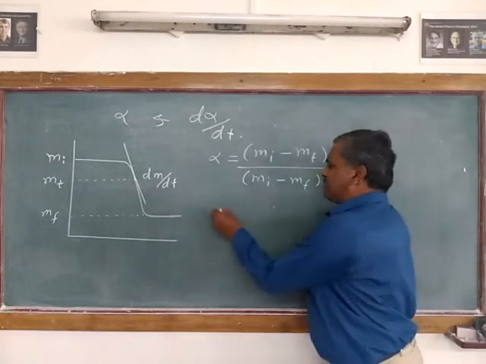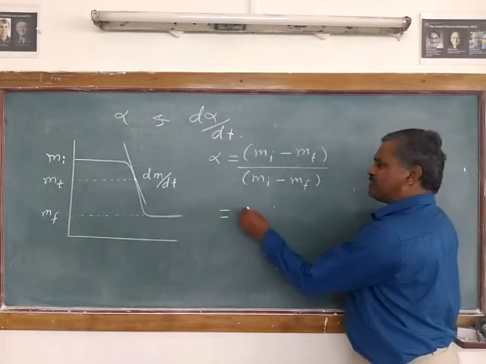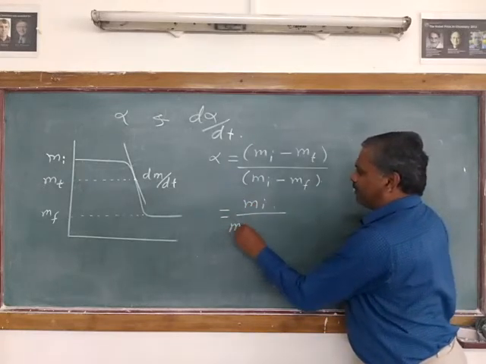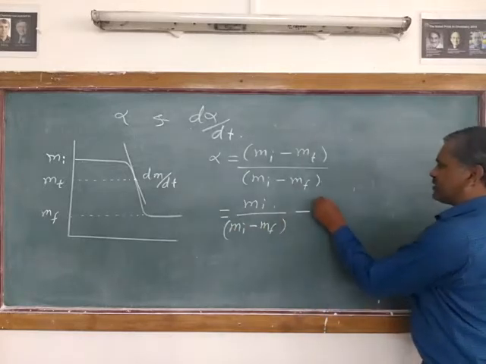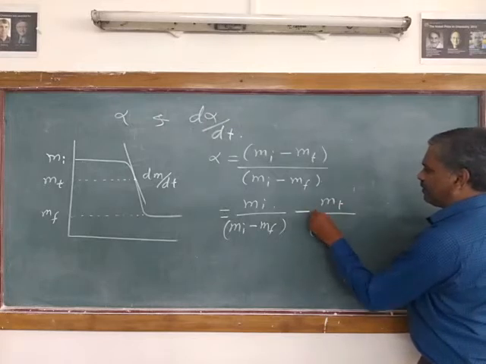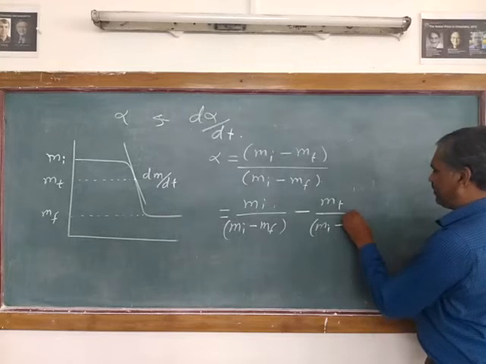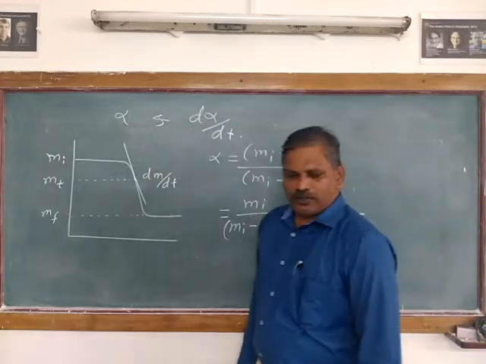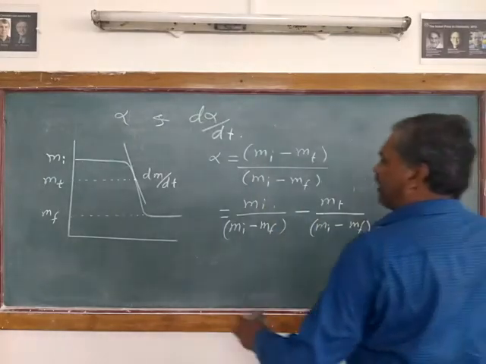So on simplifying this equation, we can get alpha is equal to mi divided by mi minus mf, minus mt divided by mi minus mf. So we get this equation for the alpha value.